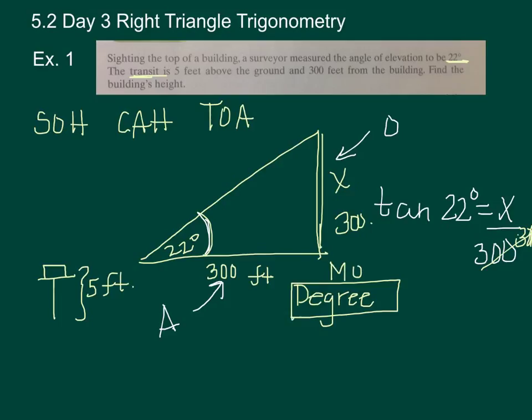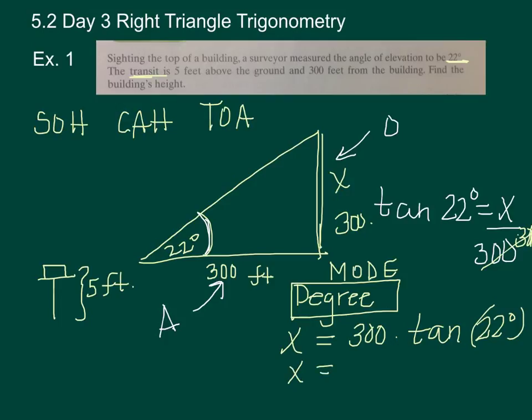So make sure you check it. And you're going to type in, because x would equal 300 times tangent of 22. And make sure you close the parentheses. And usually we round to the nearest whole number. So it would be 121 feet.